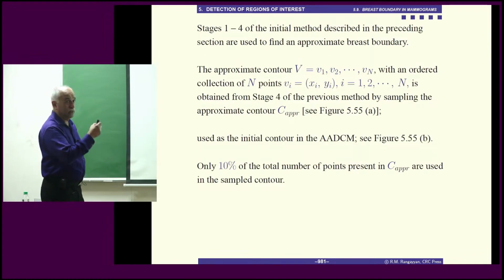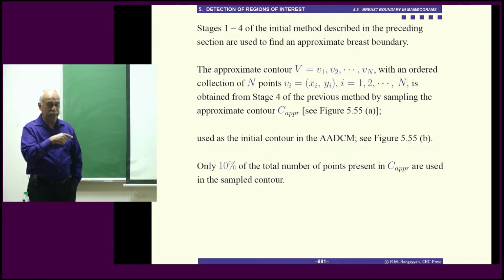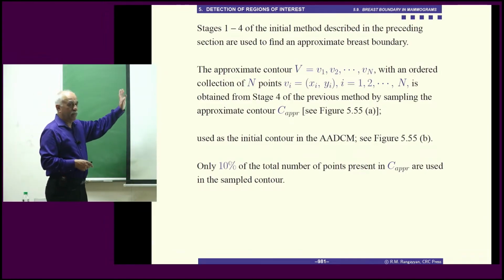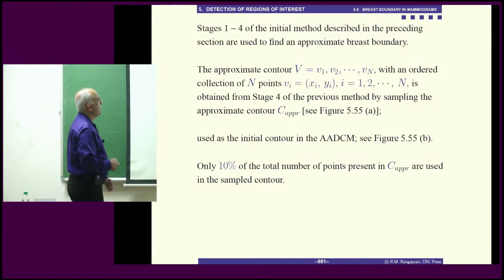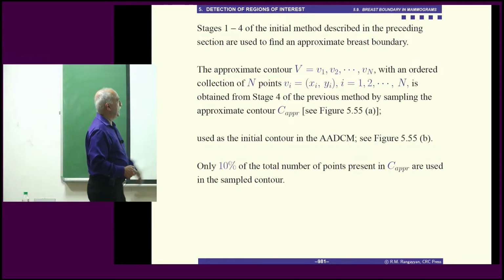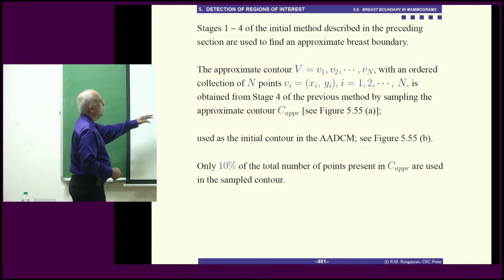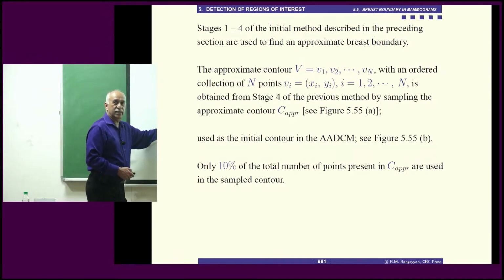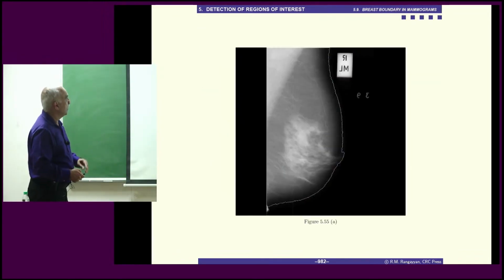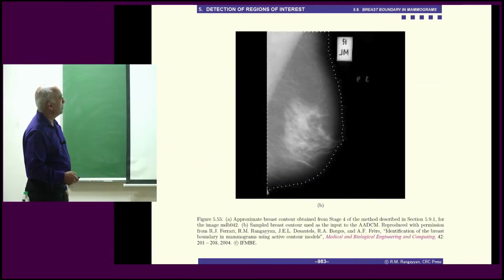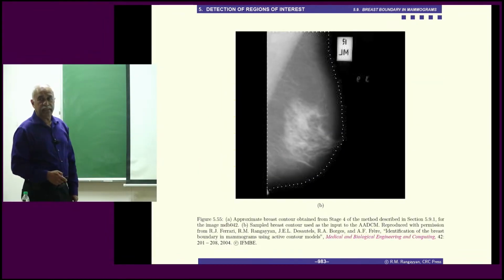Those are the points that are obtained by sampling the approximate contour from the previous method. The previous method gave something, and that we are further refining. So this is used as the initial contour in the new algorithm, and we are using only 10% of the total number of points. We are not using all of those points. So that is the contour, and these are the points selected.